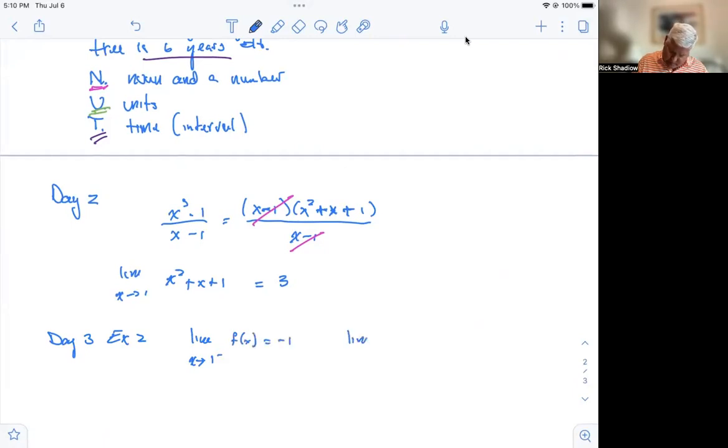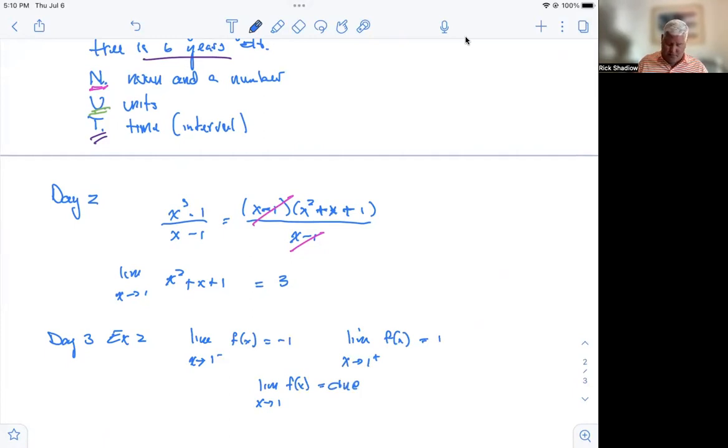And the limit of f of x as x goes to 1 from the right is +1. Since they're not the same, I'm going to say the limit as x goes to 1 of f of x does not exist.